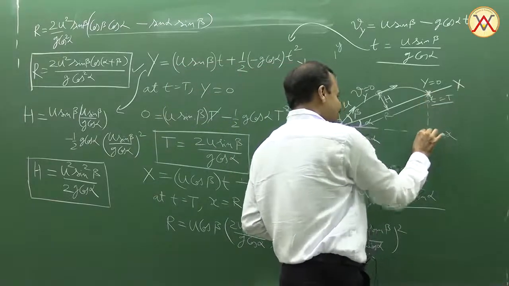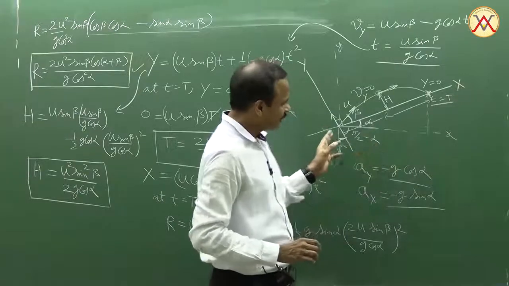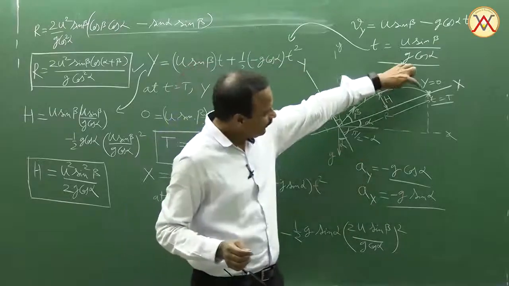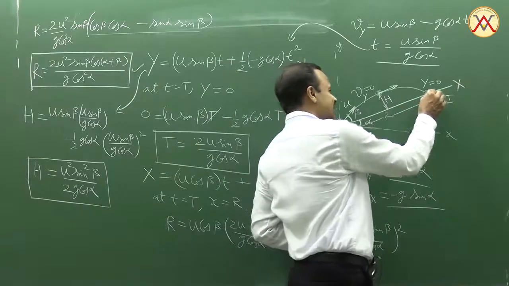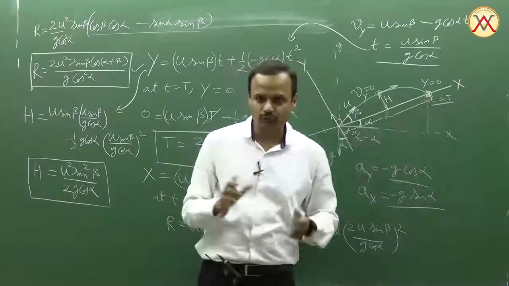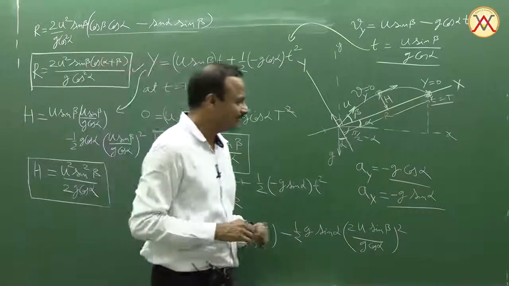The problem that we will encounter is, we can easily write the x and y coordinates, as we have already done in our horizontal vertical coordinate system. But at this point, how do we know what the relation is? We will have to find a relation, because y is not 0. So we will have to find a relation between the x and y coordinates so that we can find the time.